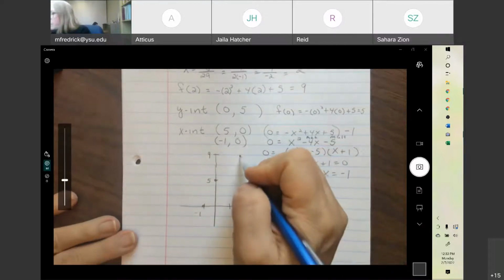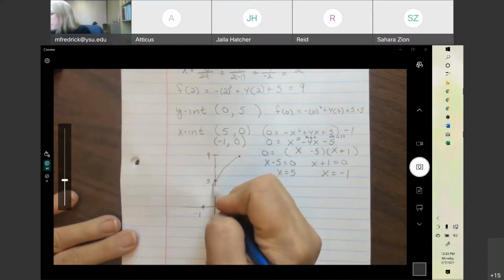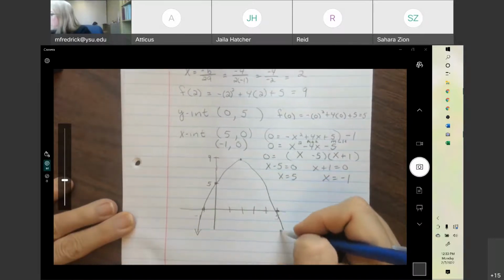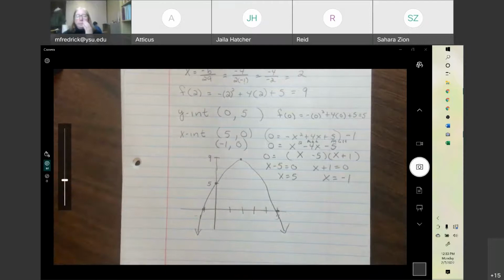This was our vertex, and it's going down because A was a negative. Any questions on that?